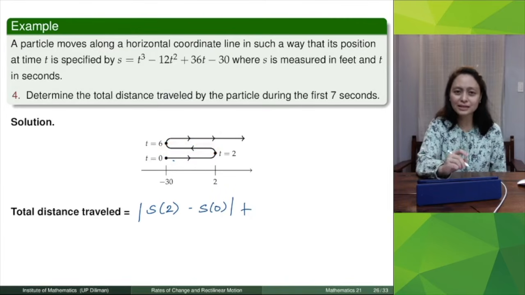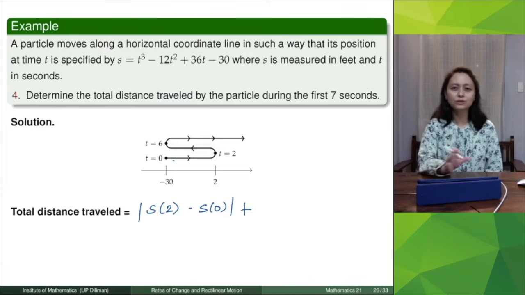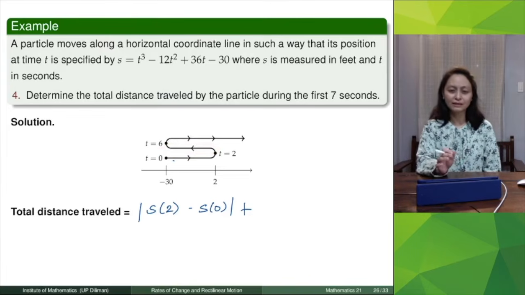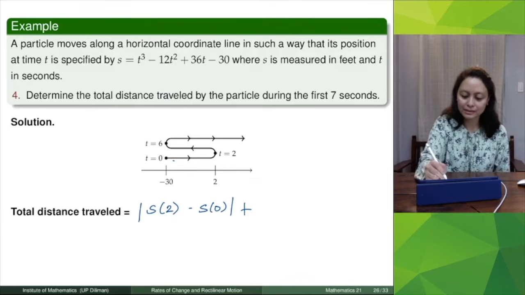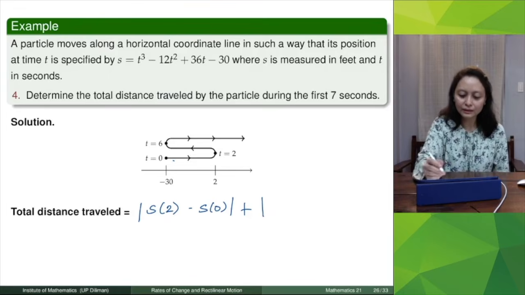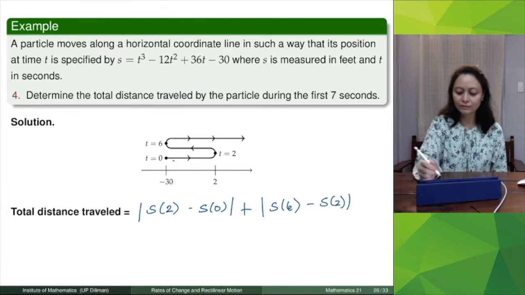Remember, yung distance is equal to the absolute value of the difference. Okay, pagka one-dimensional systems. Okay, yan, sige, so plus, sorry. Yan, s of 6 minus s of 2. Okay?